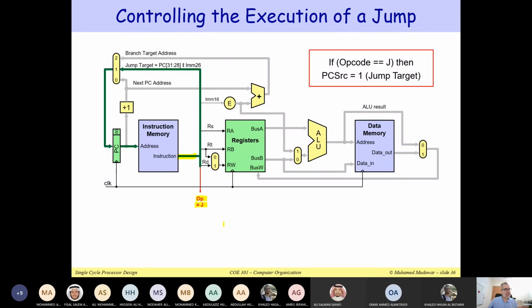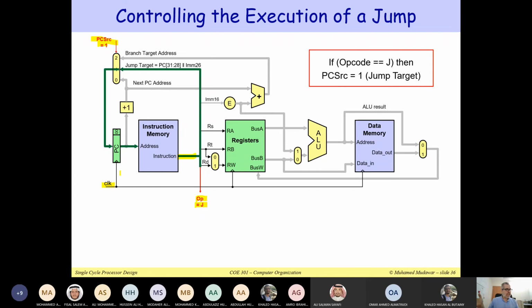That's the first thing we have to detect from the opcode. And if this is the case, all we have to do is control this multiplexer. Just say PC source equal to 1. Select the jump target address, and this will be the new value of PC at the rising edge of the clock. We just change the PC according to the jump target address. That's it. This is all we have to do.